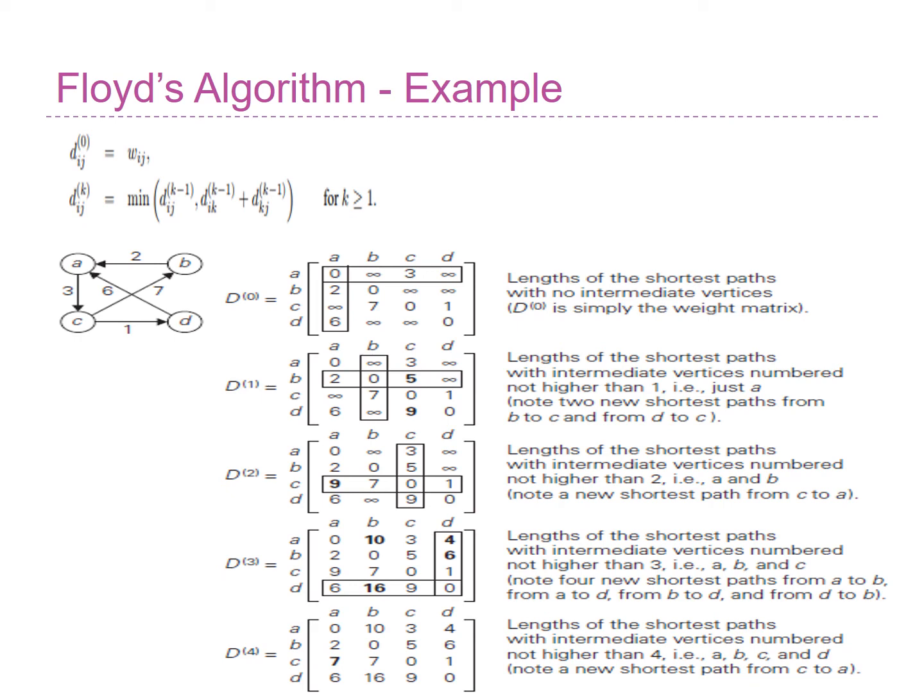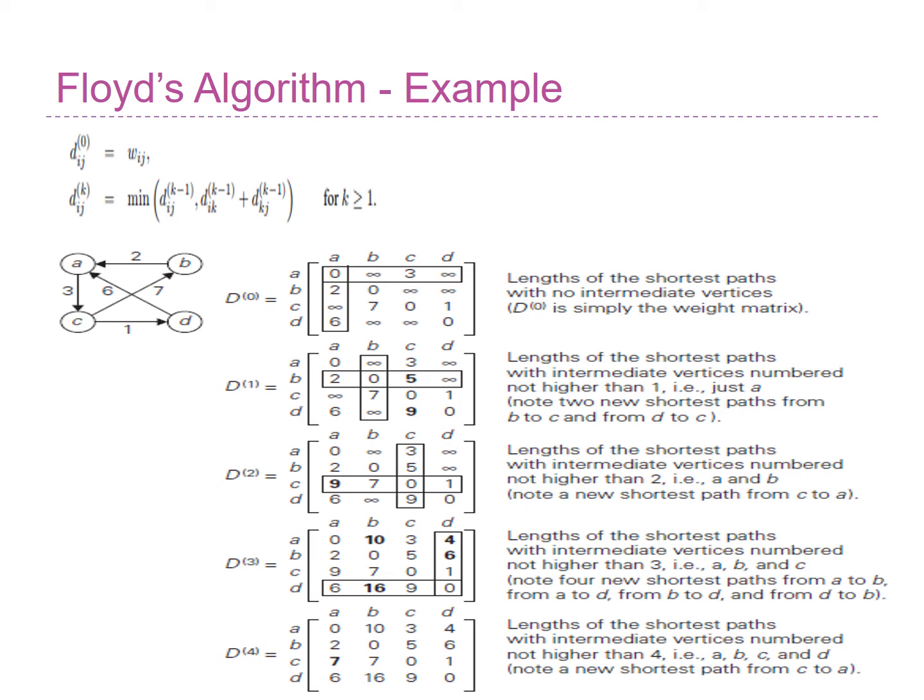At each iteration, the matrix Dk is generated by considering the minimum of the values in the matrix D of k minus 1 or the sum of the intersecting values at D of k minus 1.